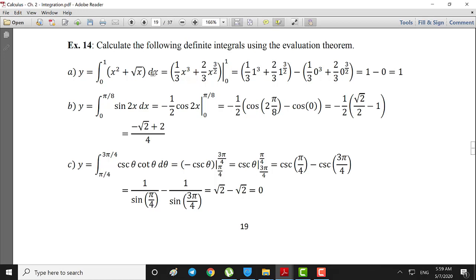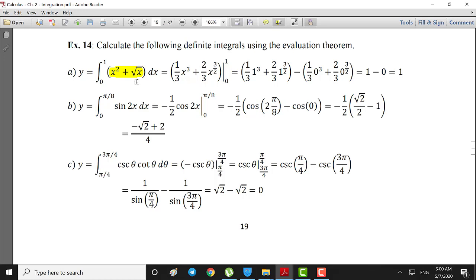According to the fundamental theorem of calculus part 2, what we need to do is calculate an antiderivative for this, which we can easily do, and then evaluate that at the upper limit, which is 1, and at the lower limit, which is 0, and subtract these two values.